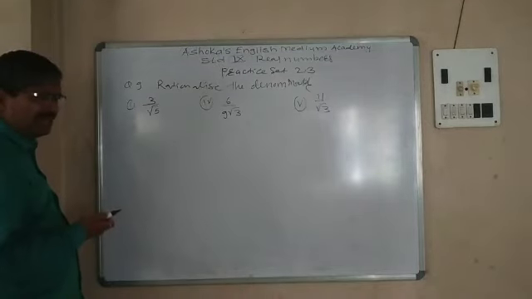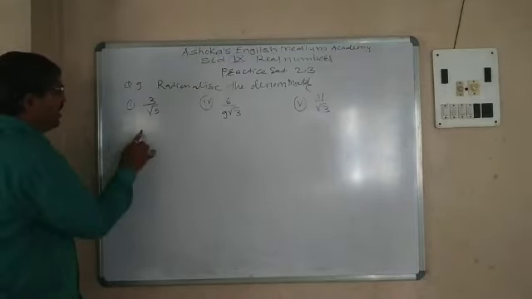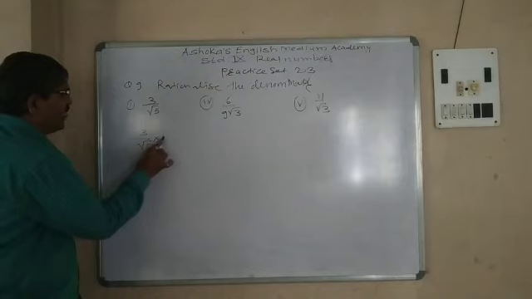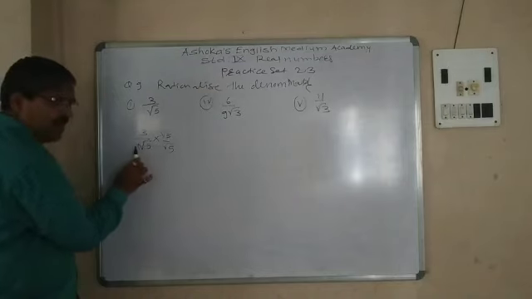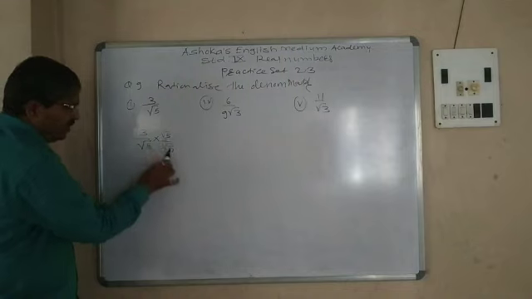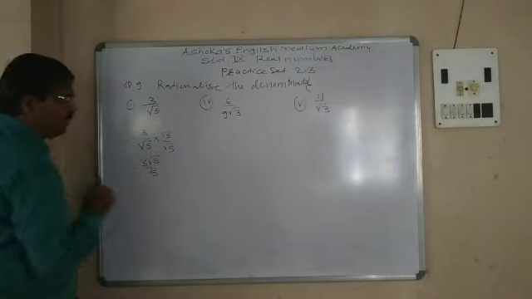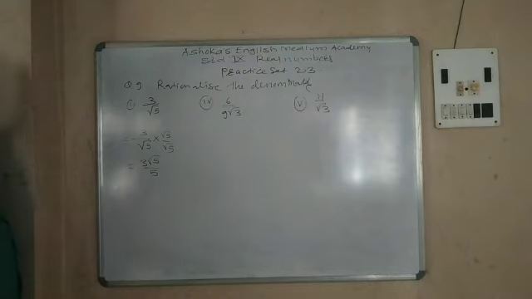How should we rationalize the denominator? First I am writing as it is, 3 under root 5, and multiply this fraction by root 5. Means whatever denominator is there, by this denominator we should multiply the numerator and denominator. 3 root 5 upon root 5 into root 5, which is only 5. Finish.